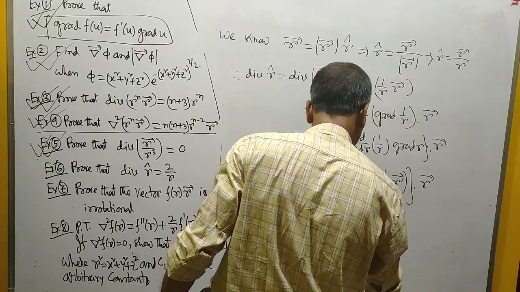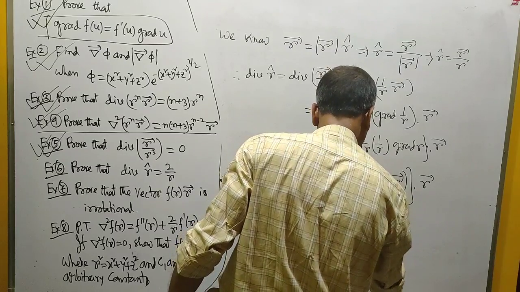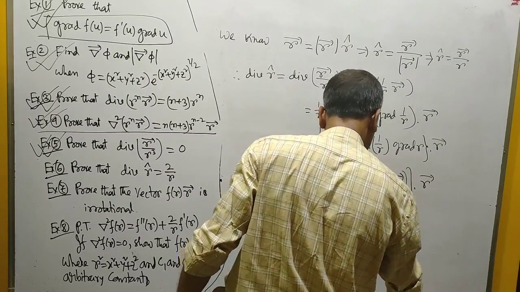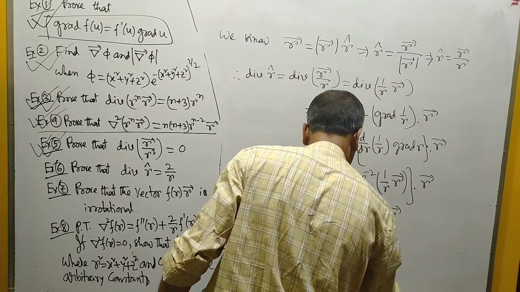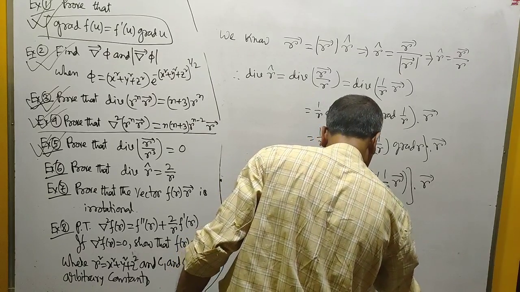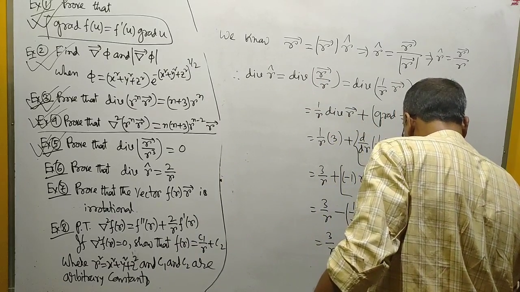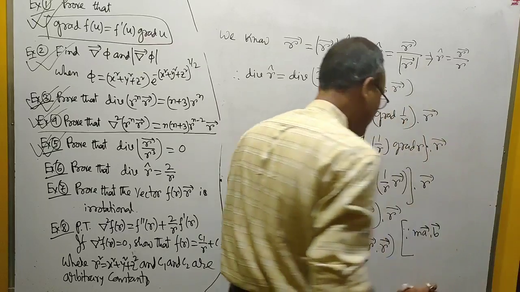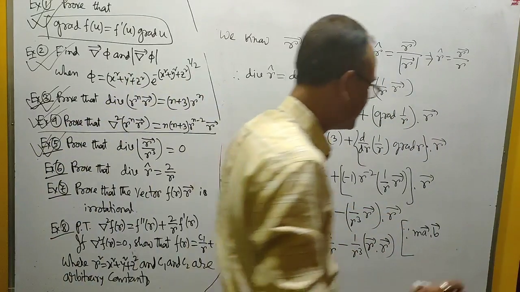This is equal to 3 by r minus, r to the power minus 3 means 1 by r cube, r vector dot r vector. This is equal to 3 by r minus 1 by r cube r vector dot r vector. The same formula has been applied: m a vector dot b vector. m is scalar, a vector and b vector are vector quantities.